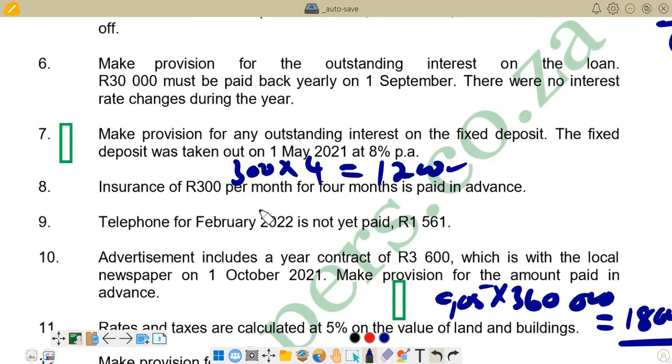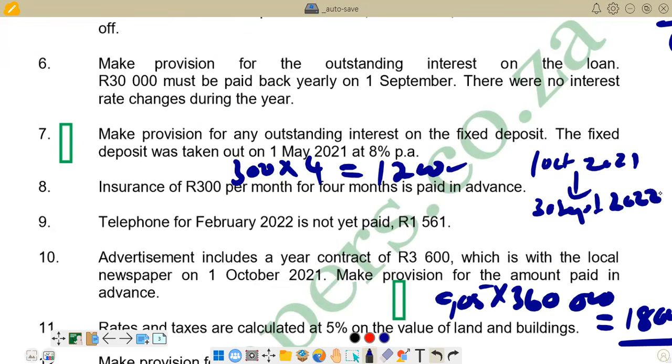This advertisement is for 1 year, so it's from 1 October 2021 up to 30 September 2022. And our year is ending in between, that is February 2022.